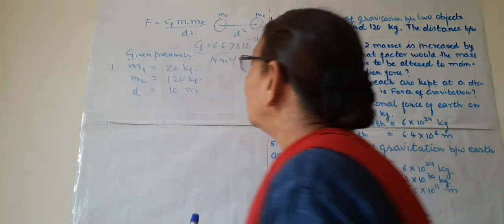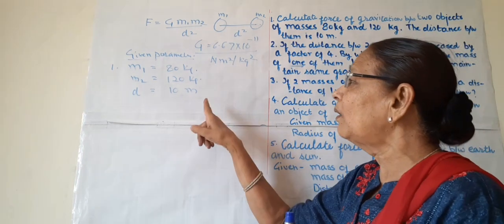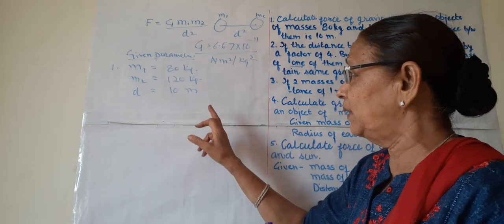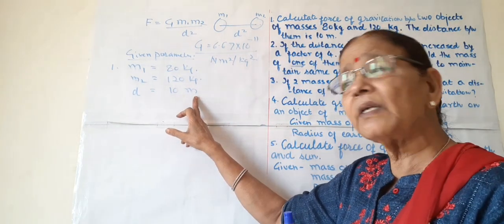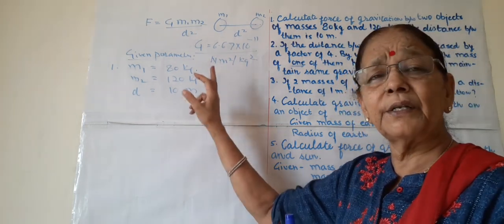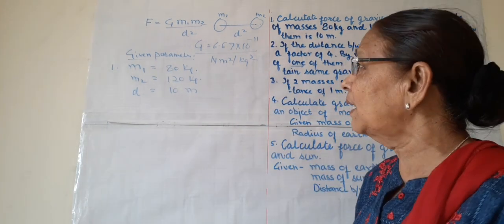We will see here if the units are SI units. If units are not SI units, then we have to convert them into SI units. Suppose it is given in kilometers, so meter is the SI unit, so first we have to convert it. But here all are given in SI units.